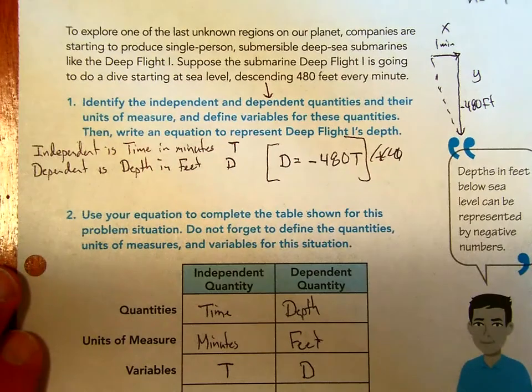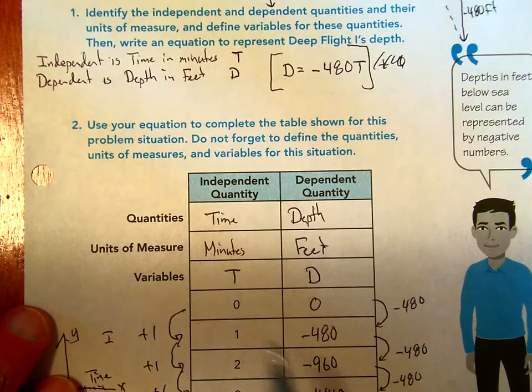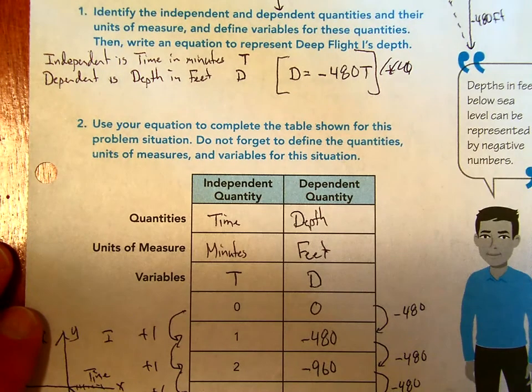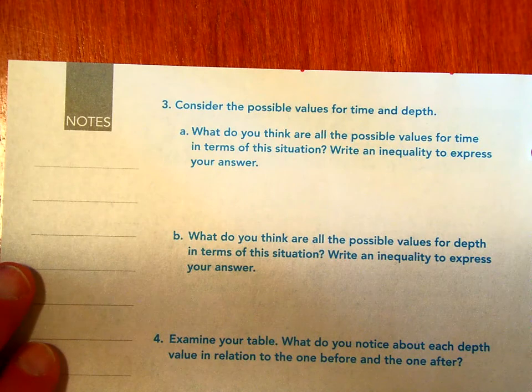So again, it makes sense to say 0 minutes in. Could you have a negative in this case? Would you really be talking about negative time? Probably not, unless you were talking about arriving before, like the sub had already started going down before you had arrived on the scene. But if you're there from the start, time is going to be greater than or equal to 0.